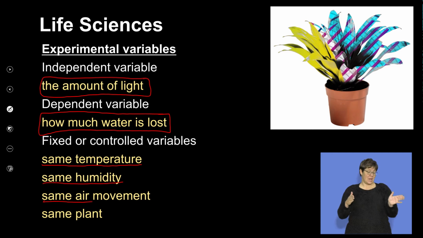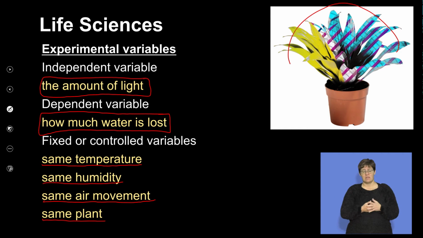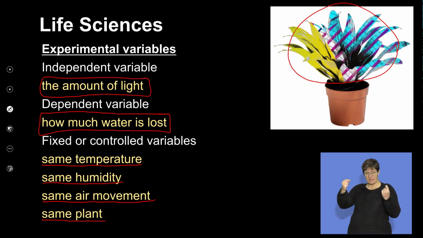Wind affects transpiration, so they would have to have the same amount of air movement. And then lastly, they must use the same plant, because if they used a different plant, it might have a different number of leaves, which means it would lose more or less water. So they would have to use the same plant for that.